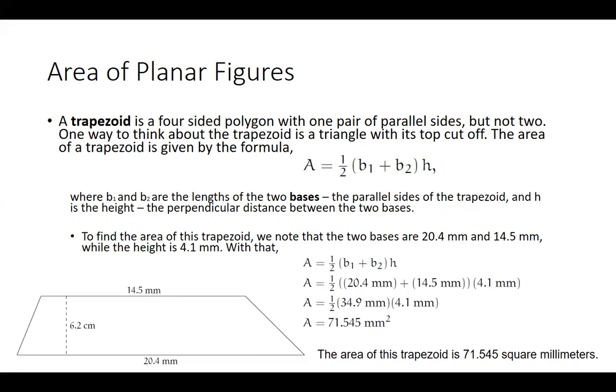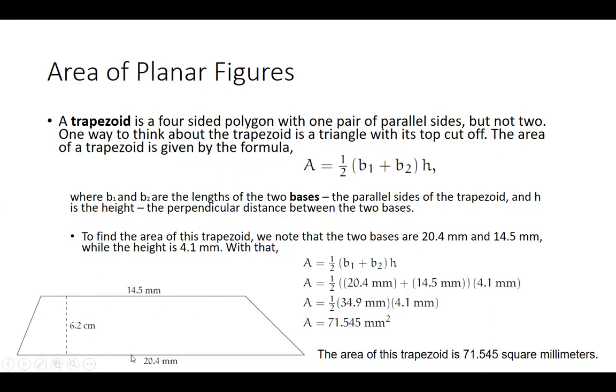The area of a trapezoid is given by the formula A equals 1/2 times, in parentheses, B1 plus B2, times H. This could also be interpreted as the average of the bases, add them up, divide by 2, times the height. So for a trapezoid, the area is the average of the bases times the height.